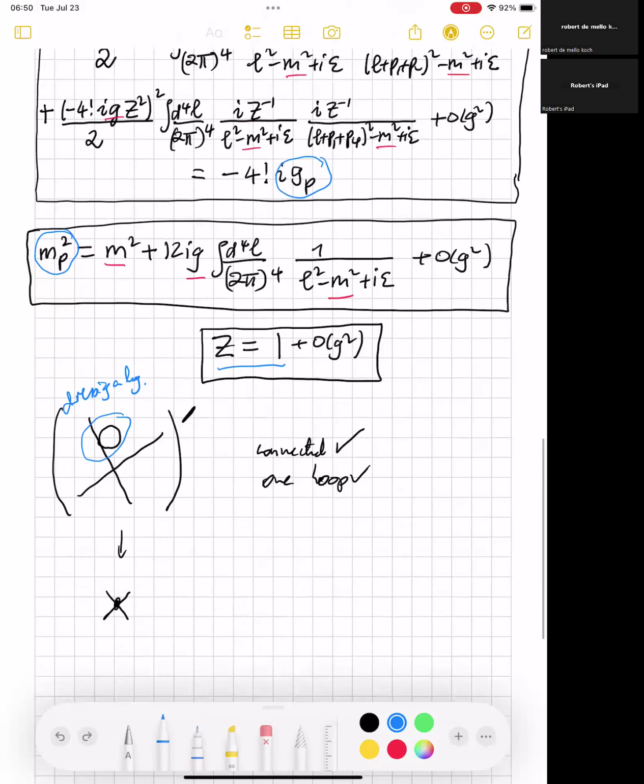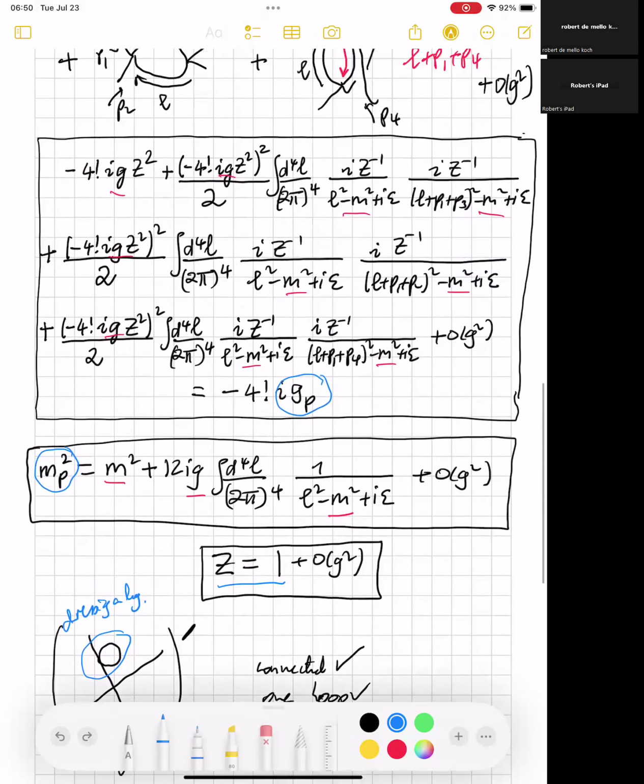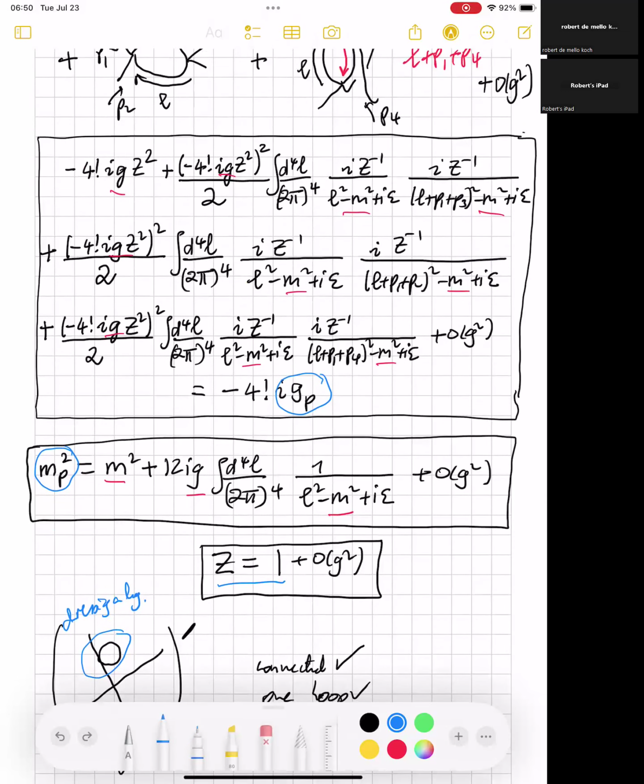Now, the next comment I wanted to make is you may be feeling a little bit unsatisfied with these three matching conditions. You see, to actually use these equations looks pretty difficult. How on earth are you going to solve for m and g from these three equations?